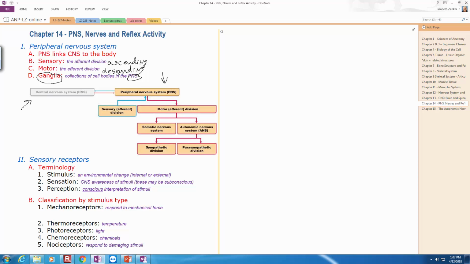So this is all a review of stuff we talked about, but you might have forgotten some of this because it wasn't so important on the last exam maybe, or we briefly talked about it and we just keep adding to the story. Then the ANS, autonomic nervous system, remember automatically it happens. Do you control your heart? No, so that's why you think autonomic, automatically happens. ANS can then further be divided into sympathetic and parasympathetic.